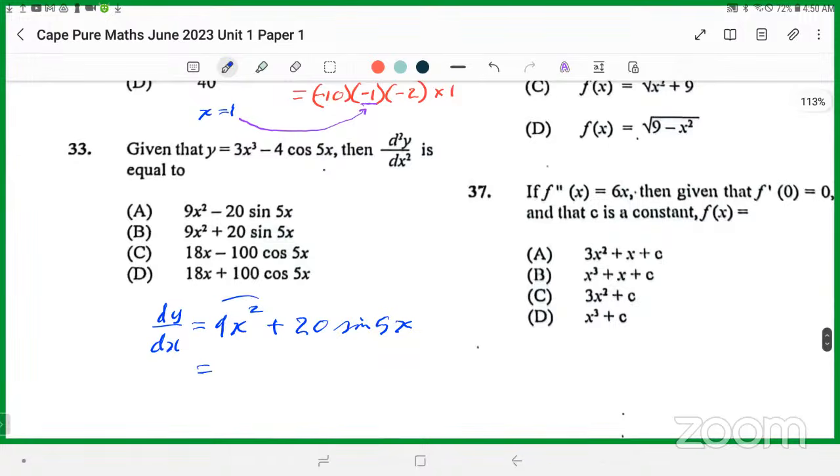So we differentiate this one, we're going to get 18x. We differentiate sine this time, we're going to get cos, the same positive cos. We differentiate the 5x first, we get 5. 5 times 20 is 100. I differentiate the sine 5x, we get cos 5x. And that's the answer right there.